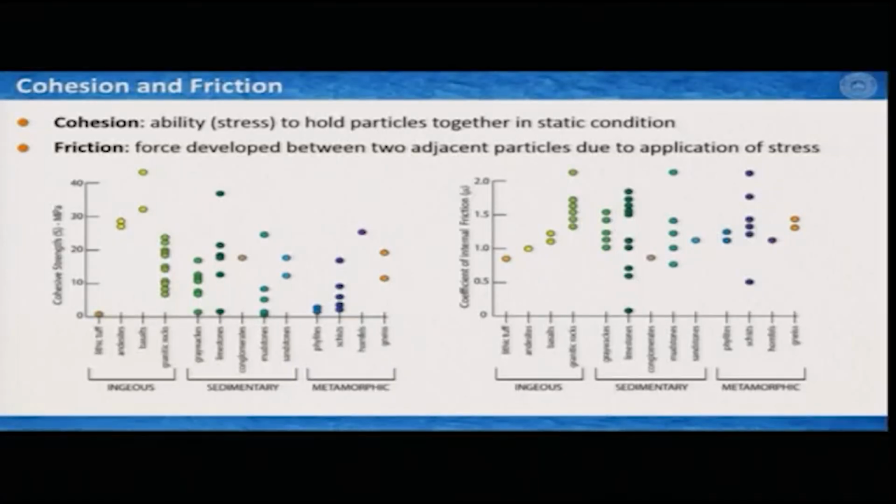Now, what is cohesion and what is friction? We talk about these two terms very frequently. Cohesion is something, I just try to give you the feeling that when you have your material at rest, that is, in a static condition, with no external force being applied, then the particles can still stay together, and this ability of particles to stay together under static condition is cohesion.